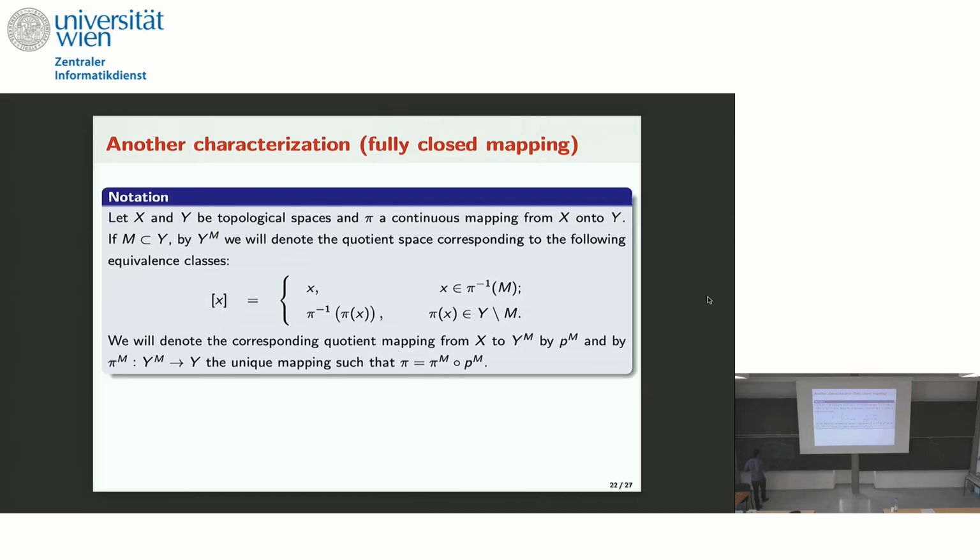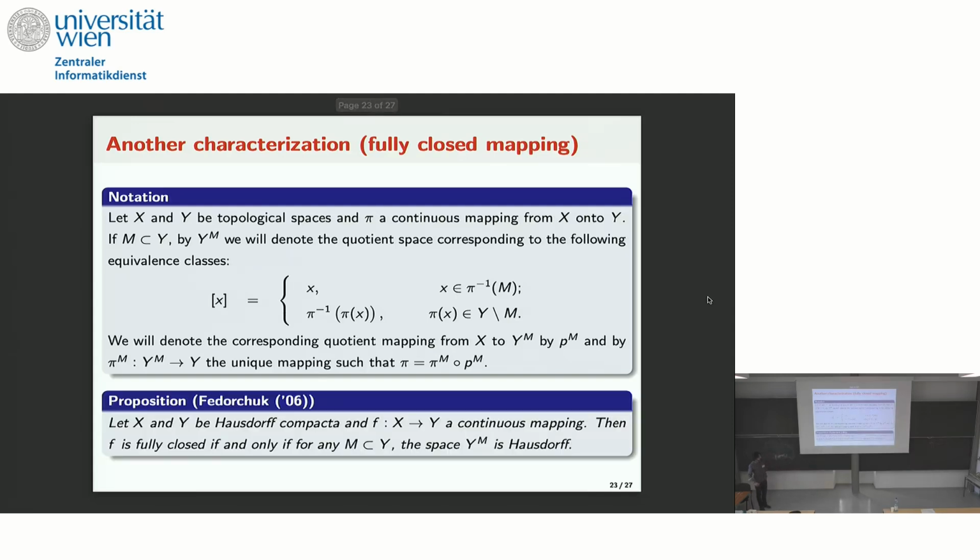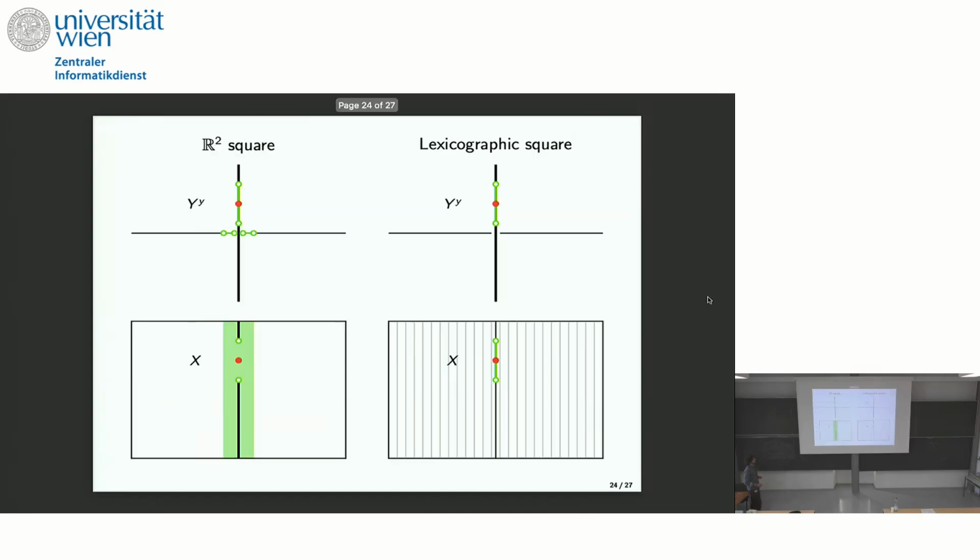And we can do this for any subset of points of Y. So we can do the resolution again, but just for the points of some subset M. And if this gives us a Hausdorff compact space, this is equivalent to saying that the mapping is fully closed. And here is this proposition that gives us an equivalent definition of full closedness. And this will be very important.